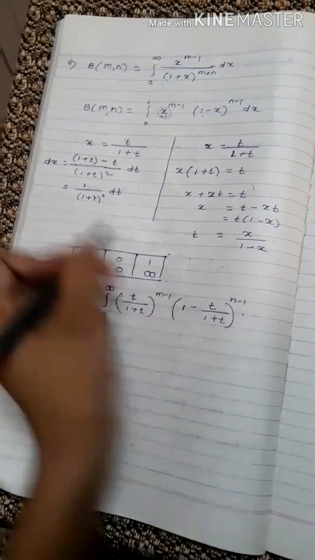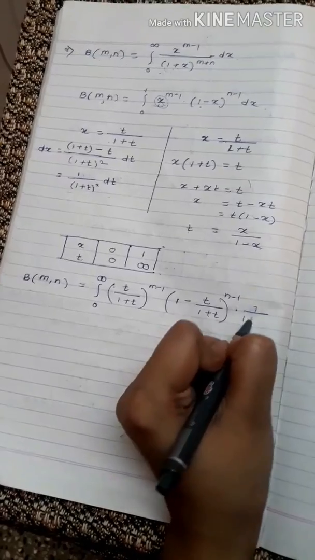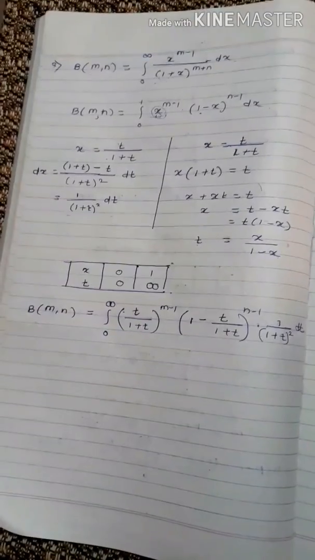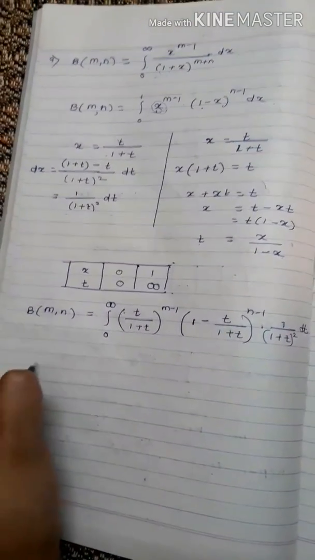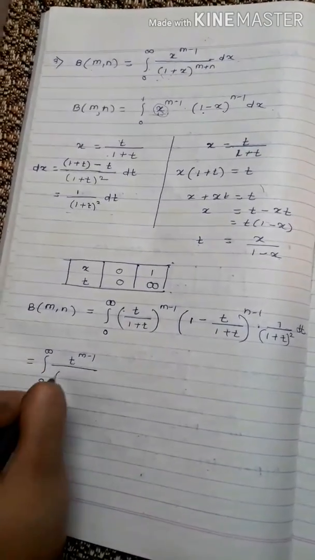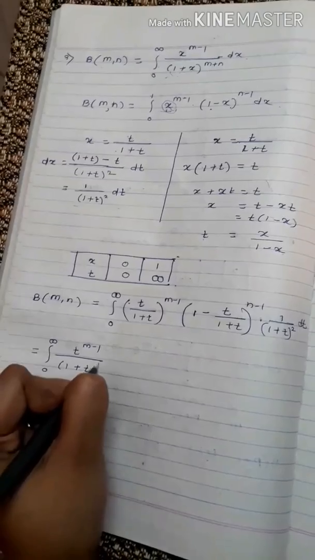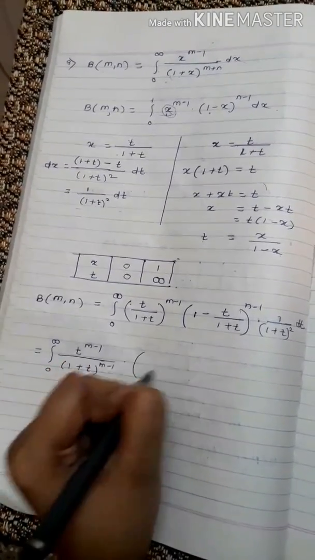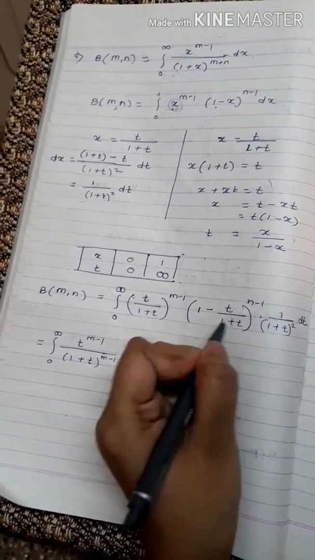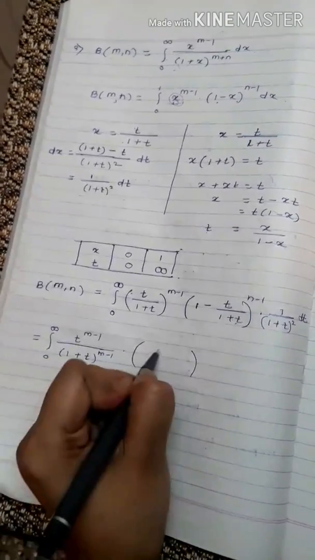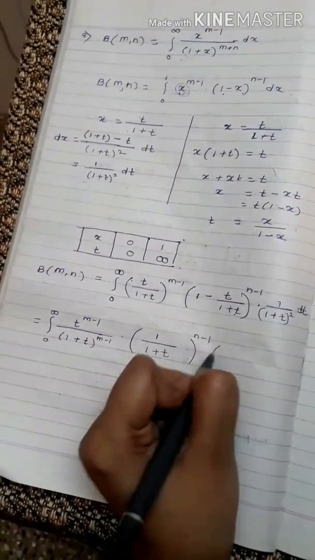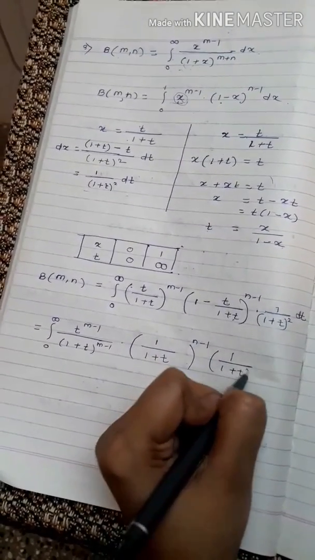This is multiplied by dx. dx is 1 by 1 plus t whole square into dt, right? Now let's simplify this a little bit. So this is the integral from 0 to infinity of t raised to m minus 1 and 1 upon 1 plus t raised to m minus 1, into 1 minus t upon 1 plus t, which is nothing but 1 plus t minus t divided by 1 plus t. The t will get cancelled, the remaining is 1 upon 1 plus t, raised to n minus 1, into 1 upon 1 plus t whole square.